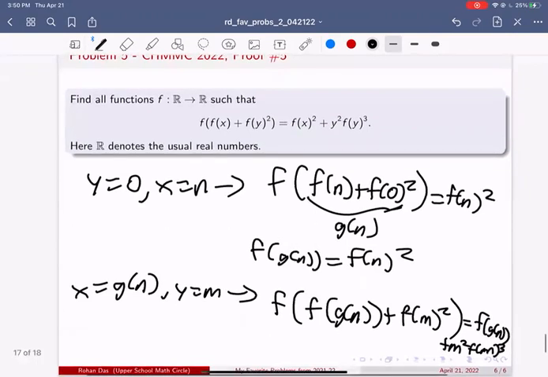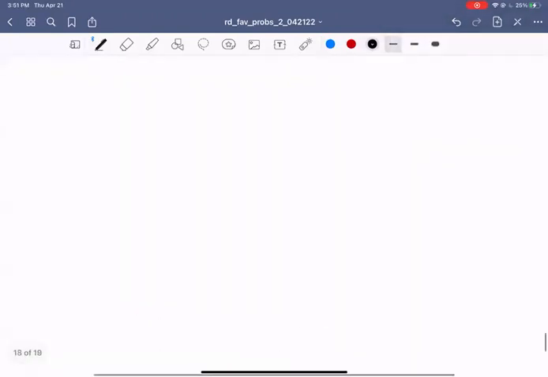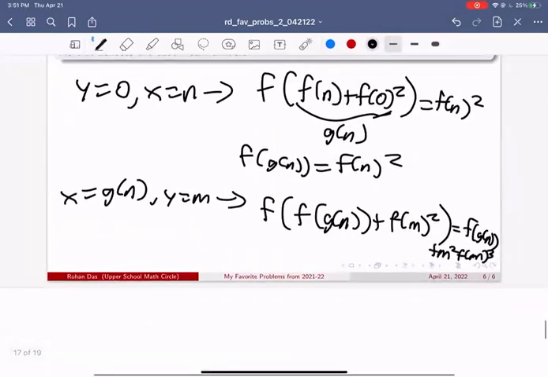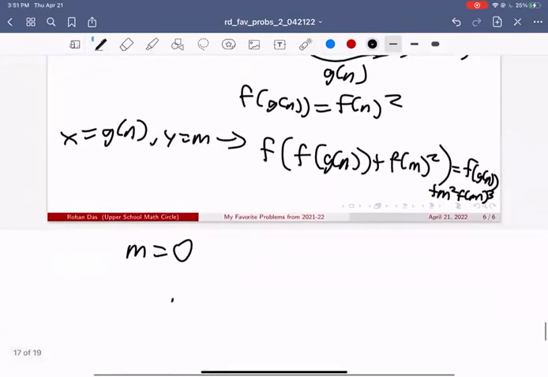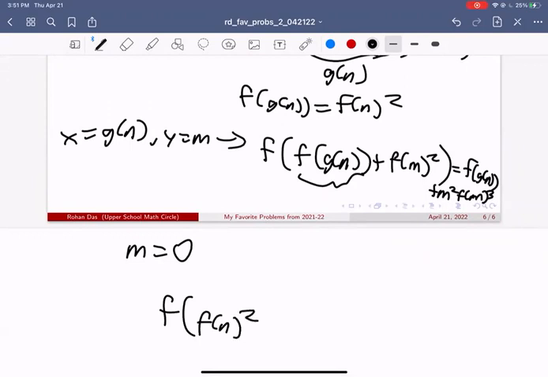But this is a bit complicated, so for simplicity, we can say m equals 0 for now. We then have that f of n squared plus f of 0 squared is equal to f of n squared.